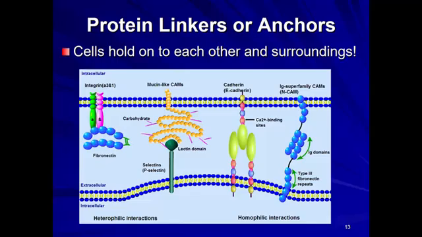Adhesion molecules include integrins, the Ig superfamily cell adhesion molecules, cadherins, lectins, and others. Don't worry about learning all these names. Just remember that proteins can stick cells together or stick them to the other substances around them. They play a critical role in a variety of biological processes.